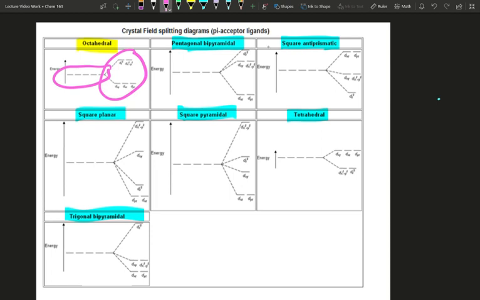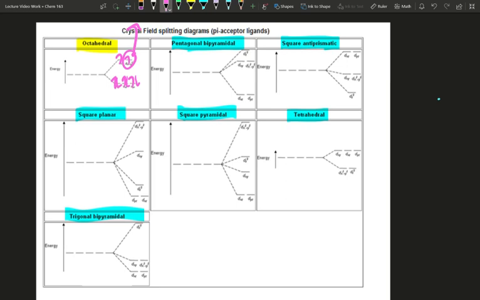Various other geometries will have slightly different splitting patterns depending on how well the ligands in that geometry overlap the 5 d orbitals. Additionally, depending on how many electrons you have, can determine what your transition is. If we have a lot of electrons, and we're filling the top, then our transition is usually our highest energy electron going to another orbital.